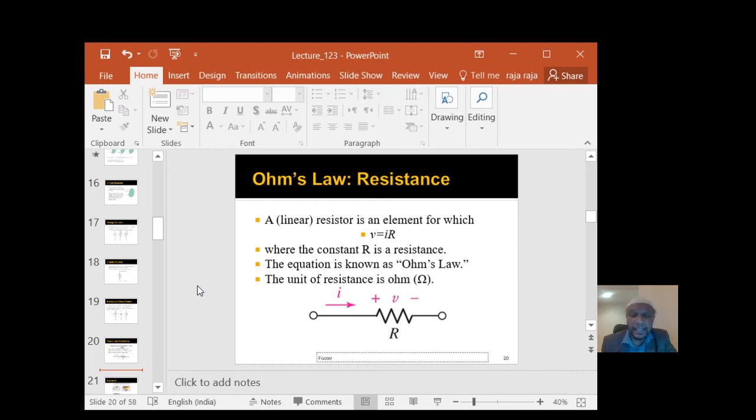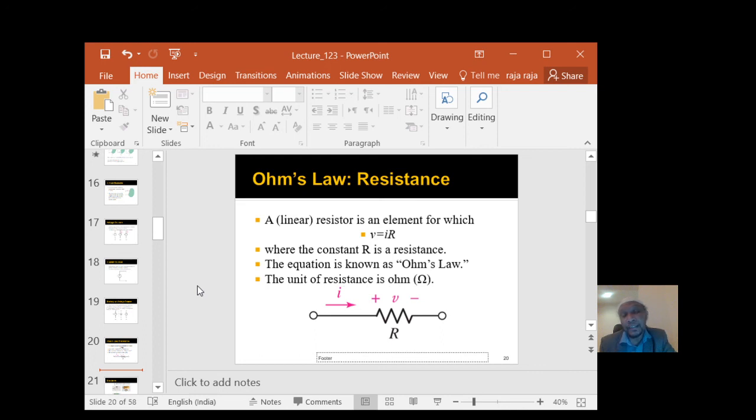Ohm's law states that voltage is proportional to the current when the temperature and the resistance are constant. That is a very, very important condition. Some textbooks do not give a clear statement of Ohm's law.